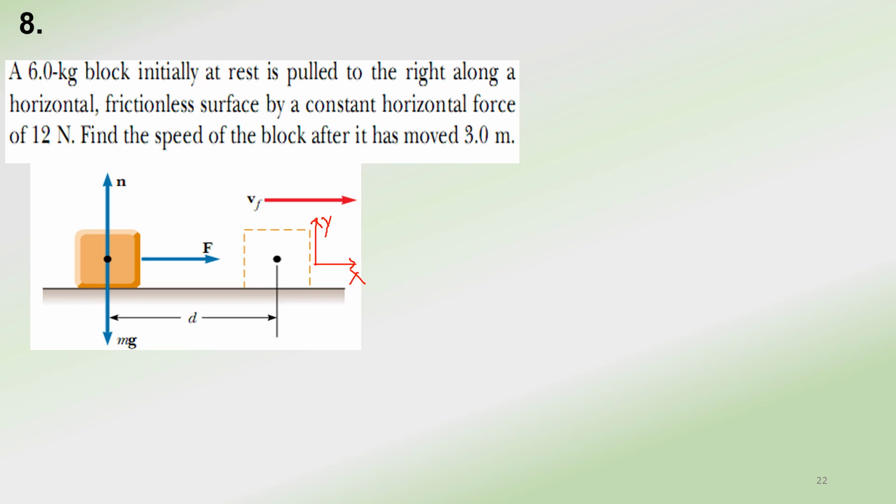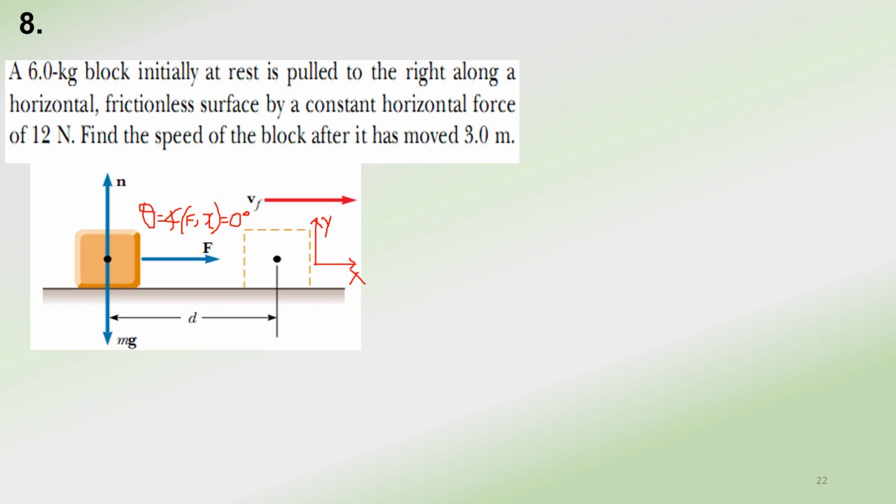The body is moving to the positive x with a force acting on it oriented to the positive x. This means that theta, the angle between the force and the x-axis, is equal to 0 degrees.